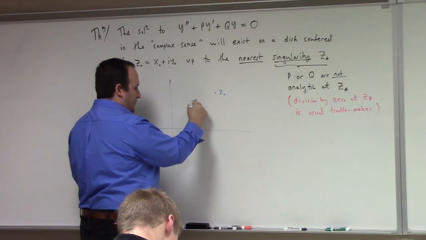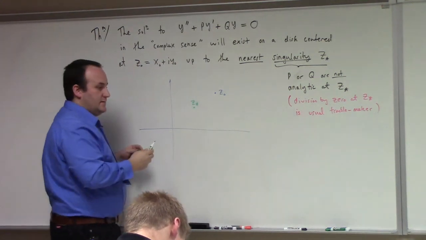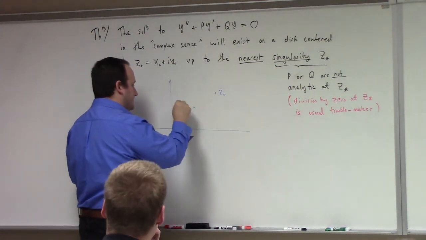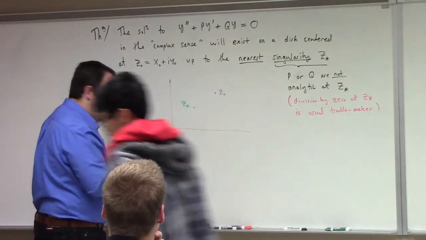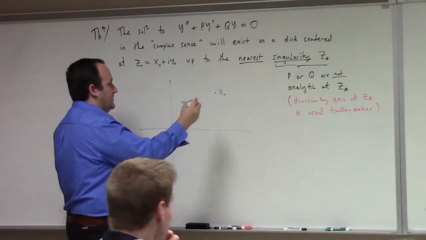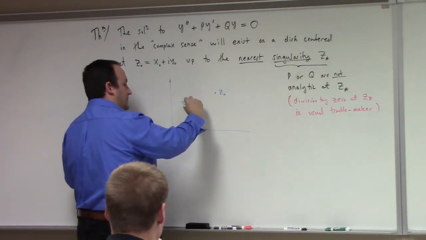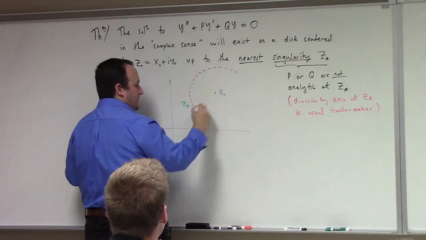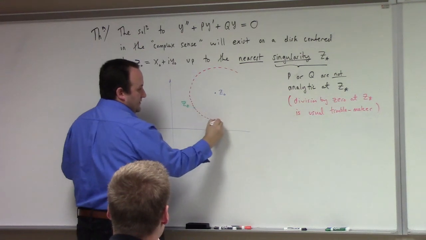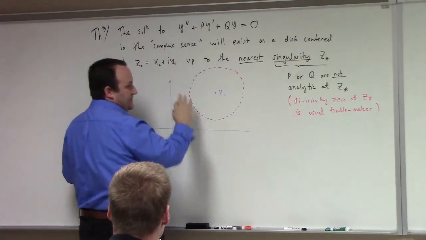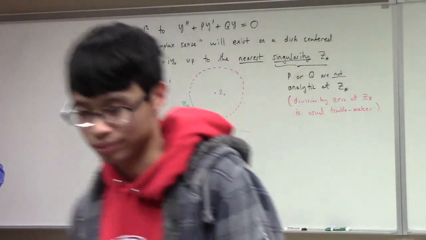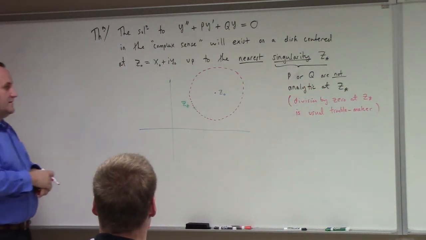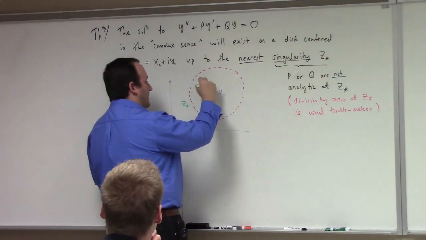Suppose this is a singular point for my differential equation, then this theorem says that you're going to get a solution to the differential equation in the complex domain, a power series solution which will converge on this disk. I don't know what happens on the edge. That's the way the math works out. But I certainly will get a solution. Solution exists in here, okay?